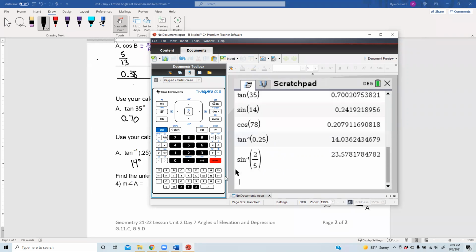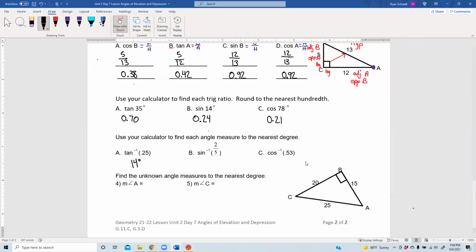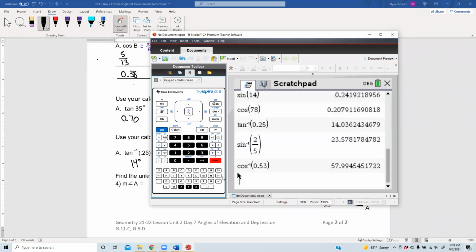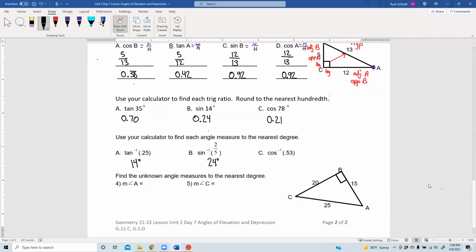To the nearest degree, 24. And then the cosine inverse of 0.53. To the nearest degree, that would be 58 degrees.